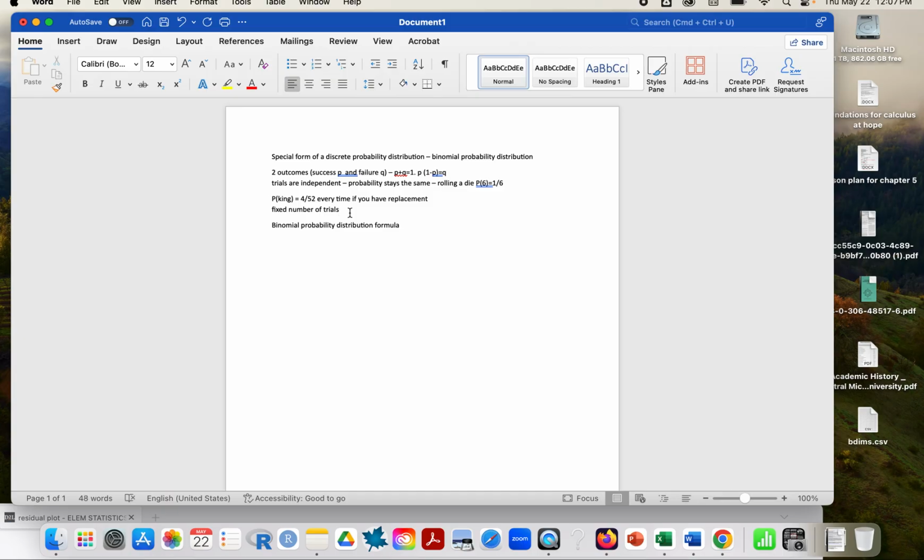Now, you also have this thing called a fixed number of trials. A fixed number of trials says, let's go back to the car example, I'm going to look at the next 20 cars. It's a fixed number of cars. And I'm going to see how many of them are red. What isn't a fixed number of trials would be an example like this: I am going to sit at the intersection until 20 red cars drive by me.